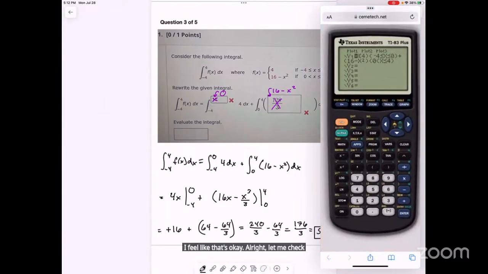All right, let me check my numbers. 4x, 0. 4 times 4 is 16. It would be a negative 16, but we have to factor in that negative. 16, oops. I think that was 4. Okay.